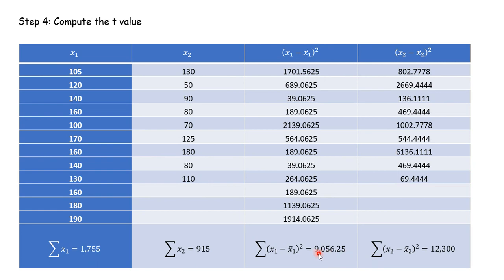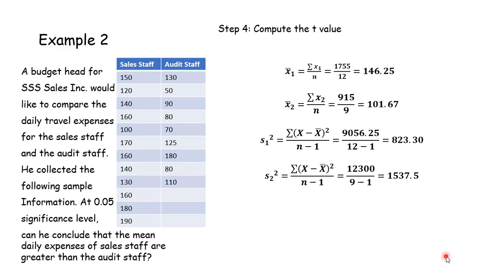Tandaan nyo, ito yung nakuha ko for the first group which is on the sales, 9,056.25, while for the audit staff naman po, meron tayong 12,300. Balik lang ako dun sa kaninang slide. Sinubstitute ko lang mga anak ay ang nakuha kong mga data or yung summation. Ito na po siya. 9,056.25 divided po natin yan sa 11.